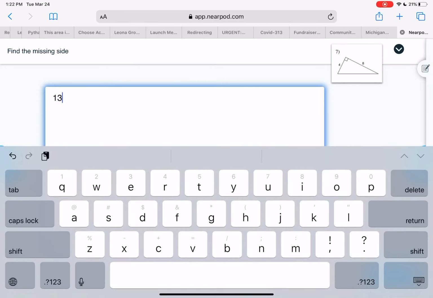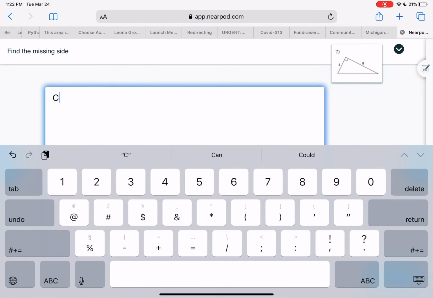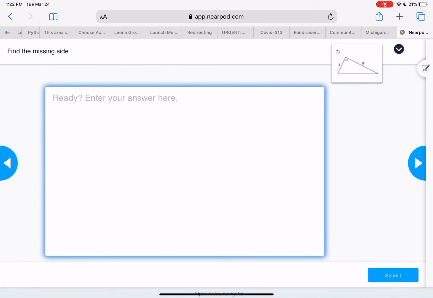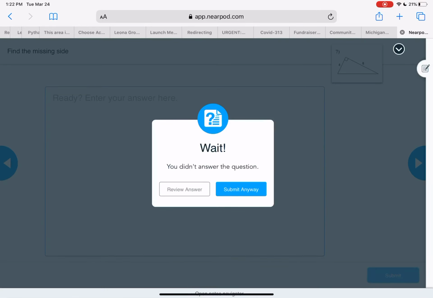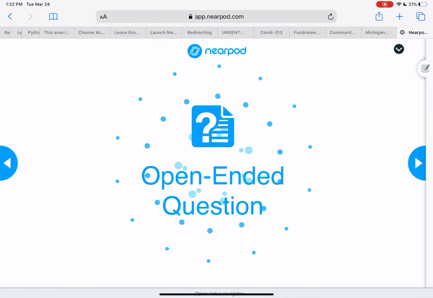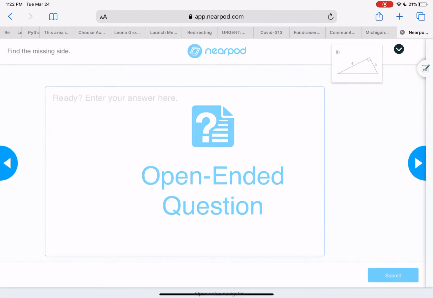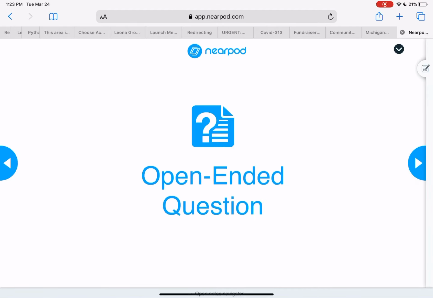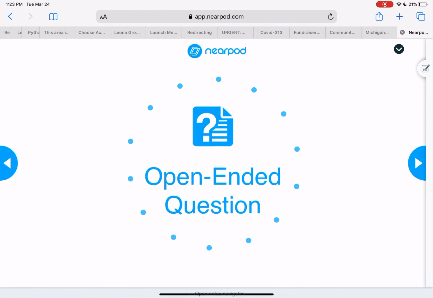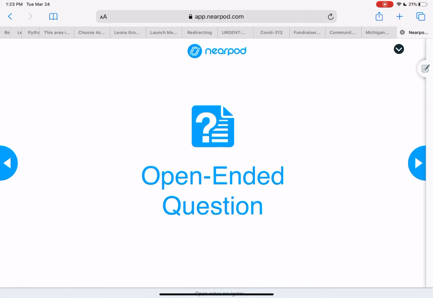You can even put C equals 13 or B equals 13 or whatever variable that is. But I just need the number on there, and then you can submit and move on. Okay, I don't need an explanation for those. And then 8, 9, 10, 11, and 12 are just the same thing.